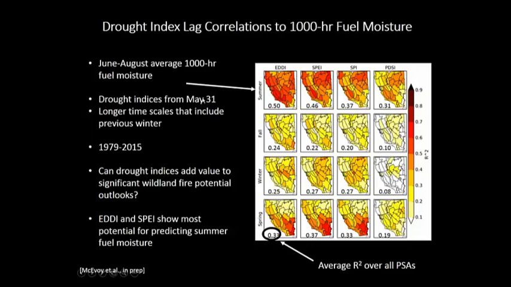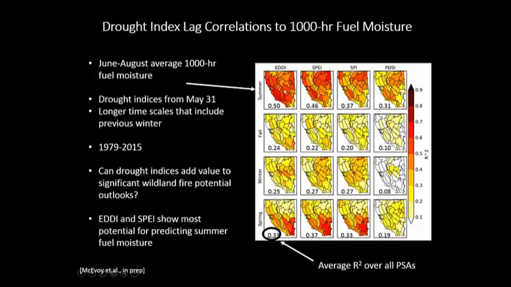This would give us a sense, at the very end of the spring, beginning of the summer, if you can get some sense of the fuel moisture by looking at what the drought conditions were showing. In the best case scenario, EDDI and SPEI were pretty similar, though EDDI actually performed a little better.